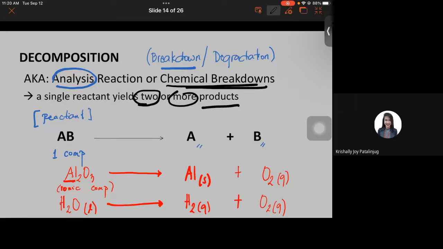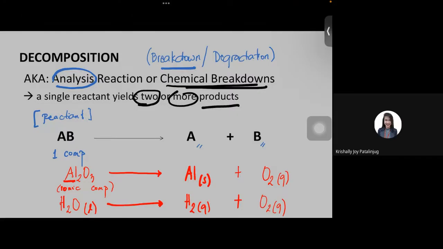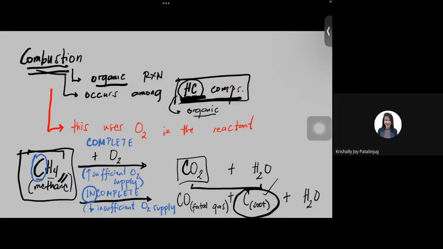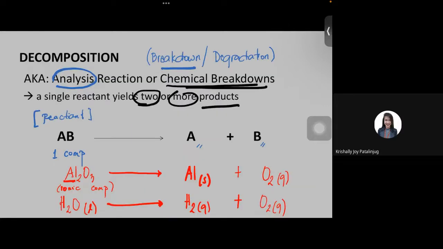Okay, so during exams, if you are asked to identify products of combustion, just know this. Just recall the products between complete and incomplete combustion. But with regards to this specific example, if ionic compound or let's say covalent compound has been decomposed, I will not ask you anymore to predict product kasi this requires knowledge on the stable forms of compounds.